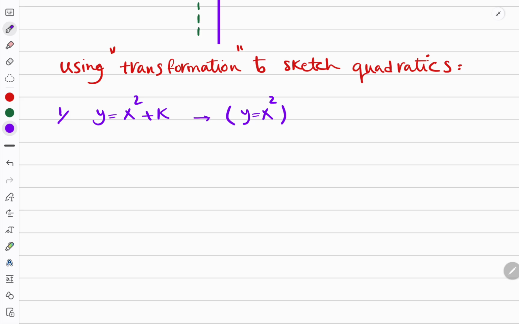But every point on the graph of y equals x squared is translated k units vertically because k is a constant and it affects y directly.